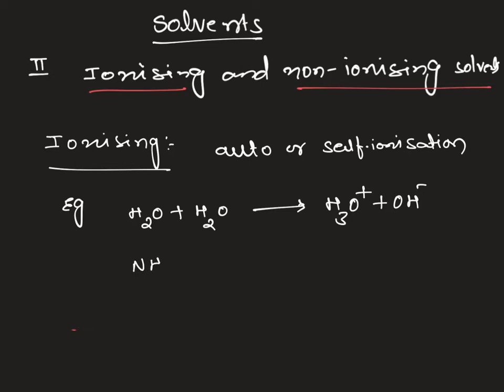Similarly, ammonia undergoes auto-ionization, giving NH4 plus and NH2 minus. So examples of ionizing solvents are water and ammonia.